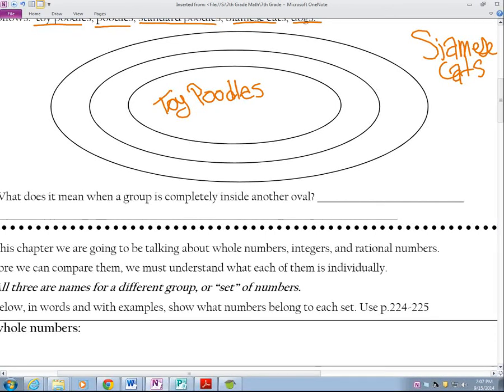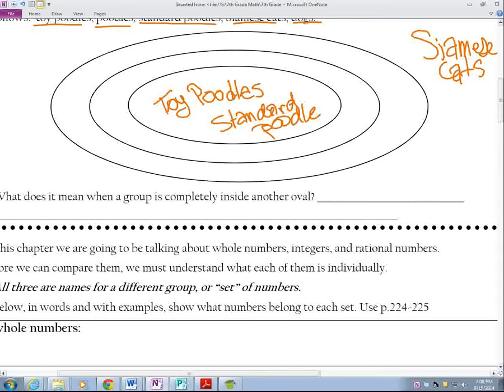Now, what's another kind of specific classification of dogs? Sydney? Standard poodle, yep. Now, what is one step away from specific standard and toy poodles? Harrison?